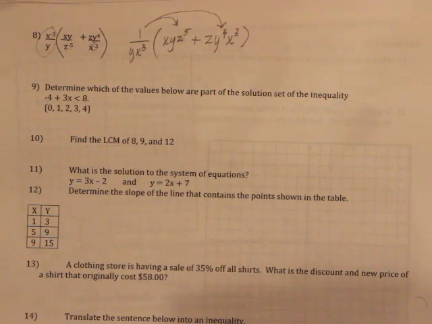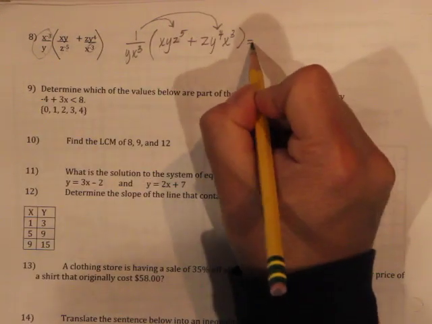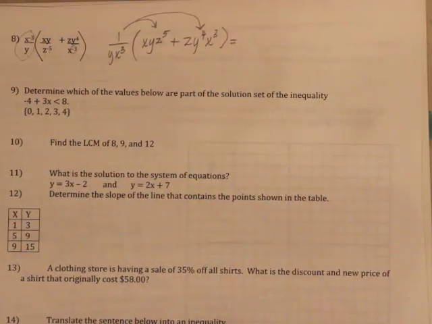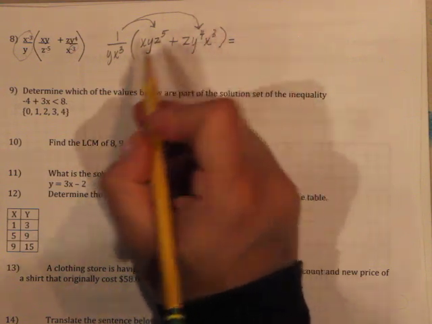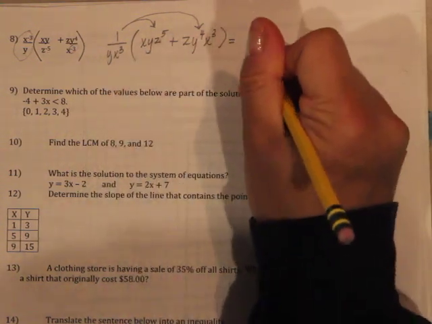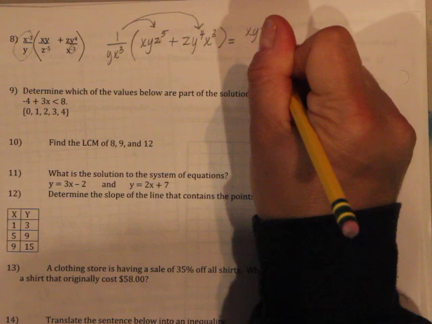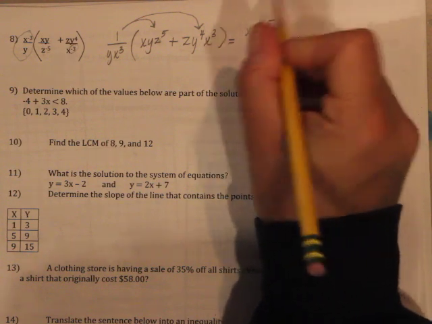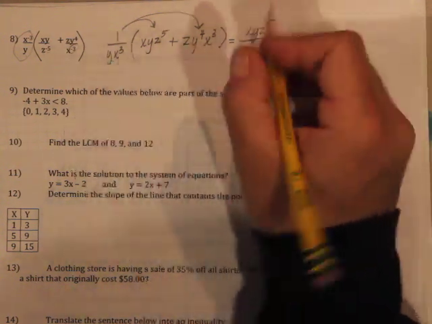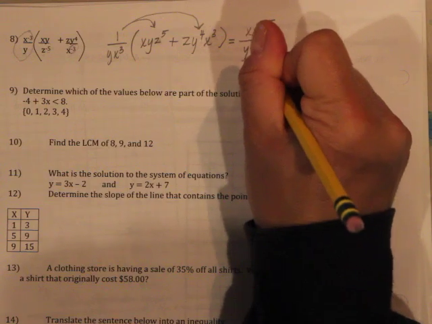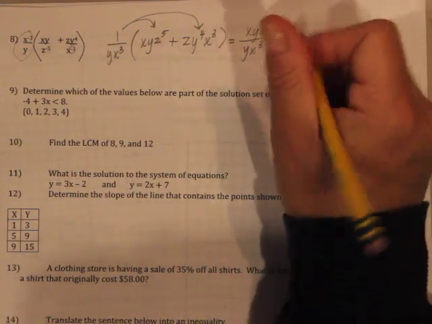When I multiply fractions, I multiply straight across. Straight across the numerators and straight across the denominators. So this 1 times x, y, z to the fifth is just x, y, z to the fifth over, here's my denominator, y, x cubed.